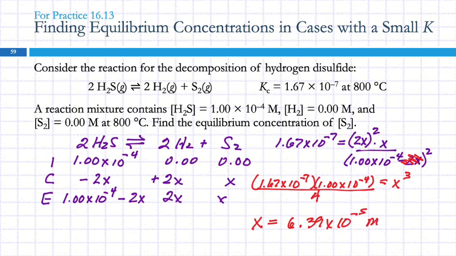I'm getting 6.39 times 10 to the minus 5. Anybody else? Let me try that again. So I need the cube root of this: 1.67 times 10 to the minus 7 times 1 times 10 to the minus 4 divided by 4.